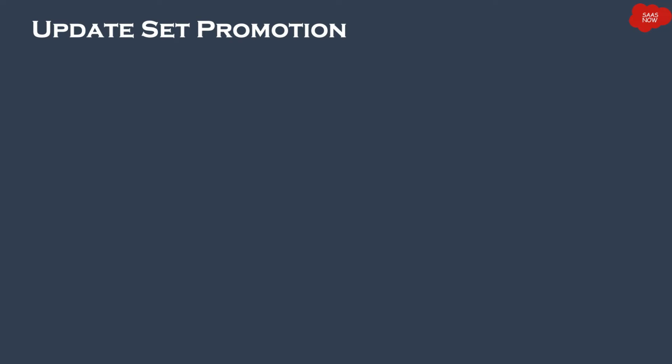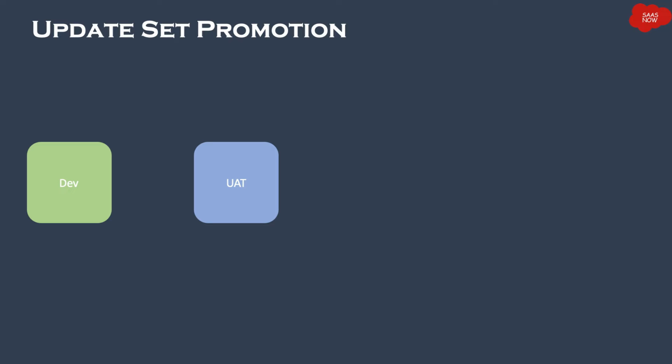Update set promotion. How exactly are update sets promoted across different instances? We will start with the dev instance. You perform the development in the dev instance, any one of your dev instances. And then you have the UAT instance.